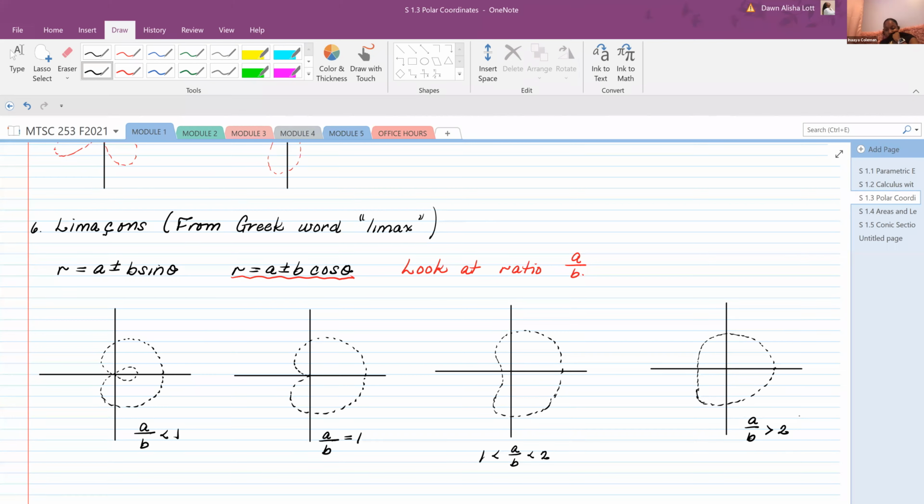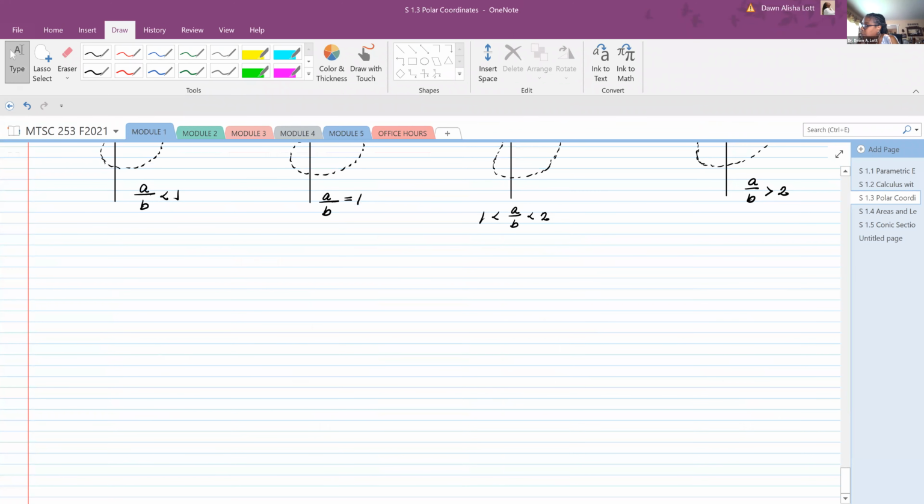Okay, so now what we want to do is talk about how to graph some of these things because we're going to do areas and integrals and stuff like that with these. So the first thing is, let's look at symmetry tests.